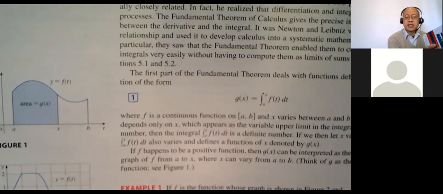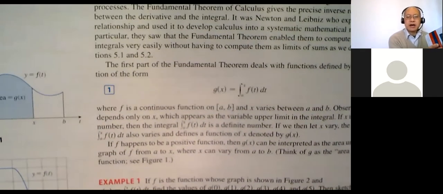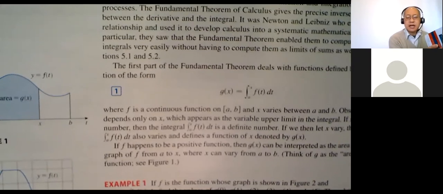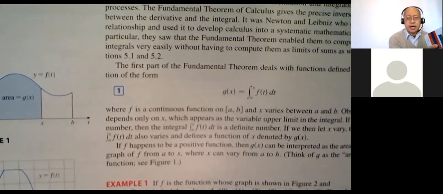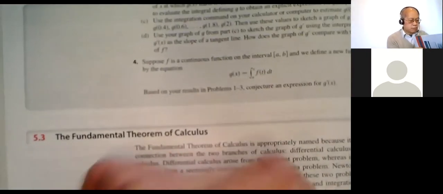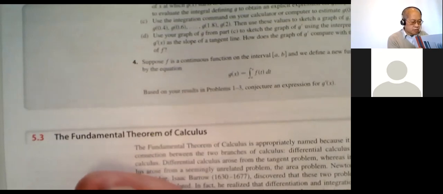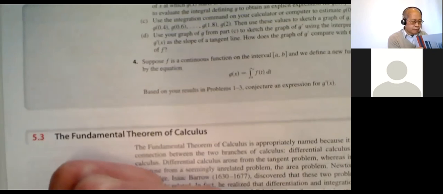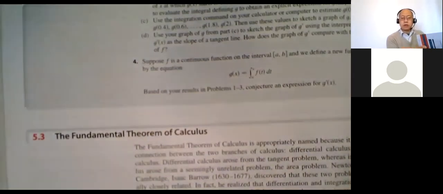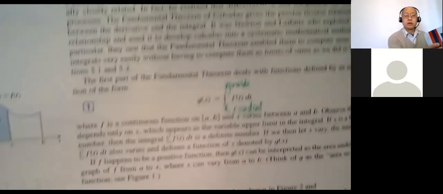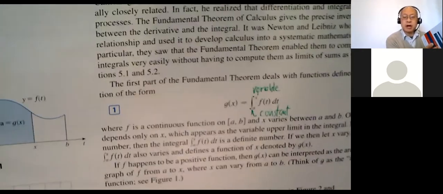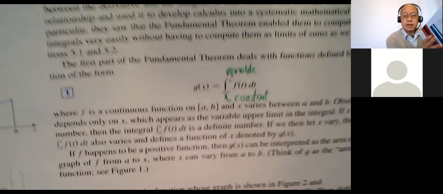Number one, g of x is the integral from a to x of f of t dt. Now, a is a constant, x is a variable. So maybe I'll put that down here. This is constant. This is variable. Constant on the bottom, variable on the top.